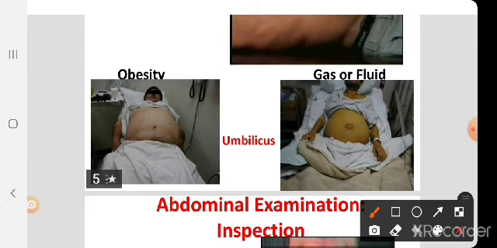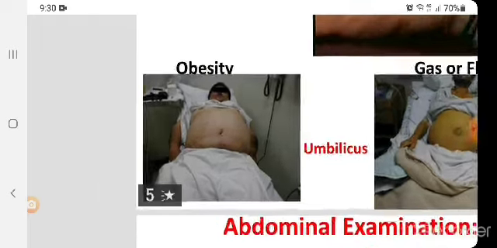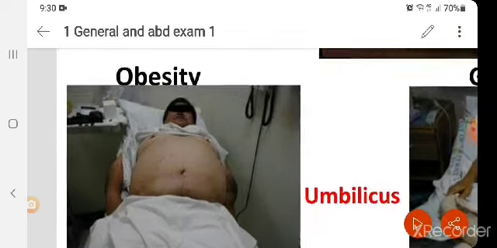It is an inverted umbilicus. It is normal. And if you enlarge the picture, you can see striae. These small things, striae.